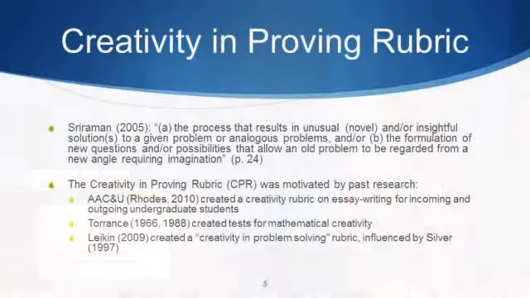Okay. Right, so in our development of our CPR, creativity improving rubric, we used Sriraman's definition as a working definition. When you look at this definition, a couple of things that I want to highlight. One thing is process. He's talking about the process.